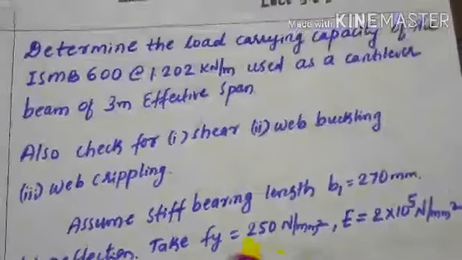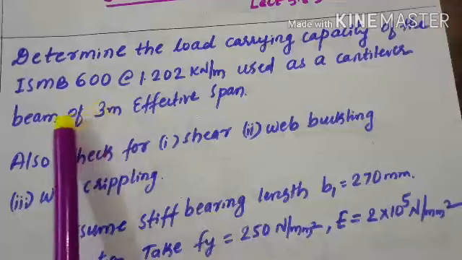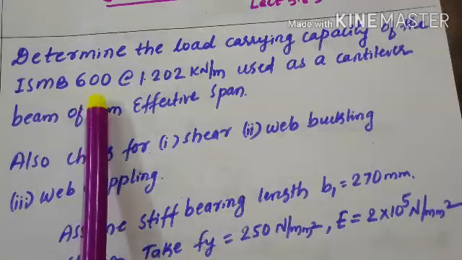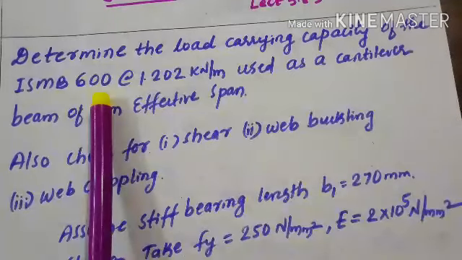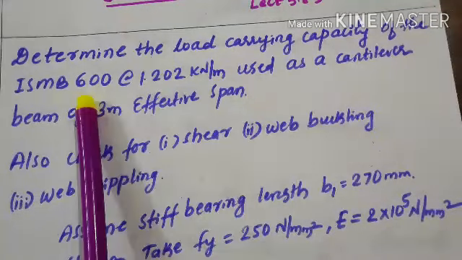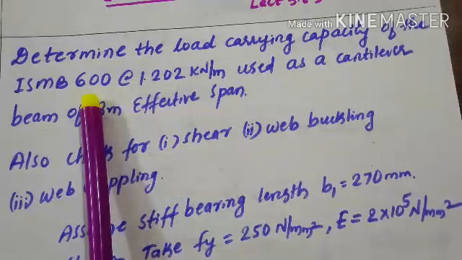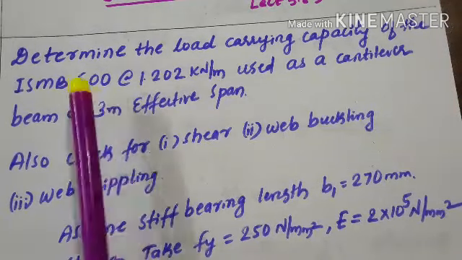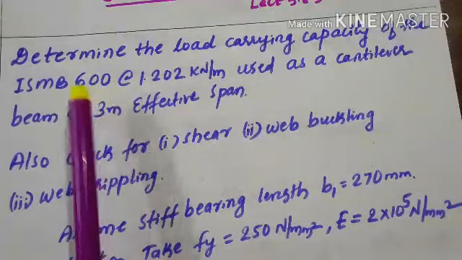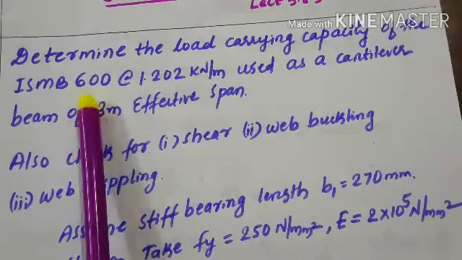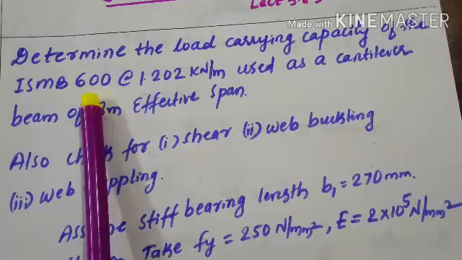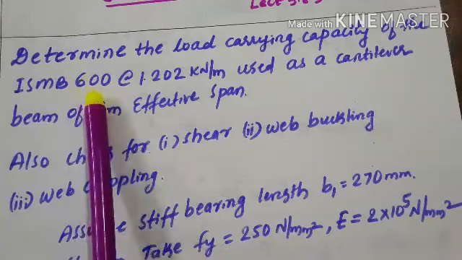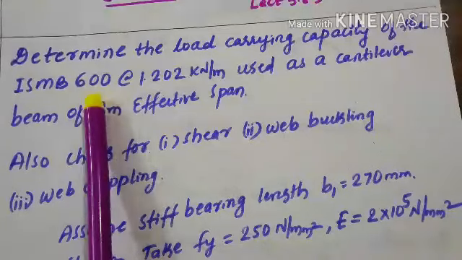Students, try to understand the section given here is ISMB 600, and this section is being used as a cantilever beam in one of the steel structures. The question here is, what is the load carrying capacity of this member? How much load is it carrying?